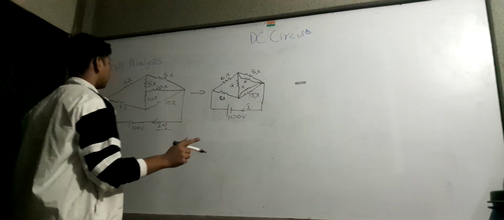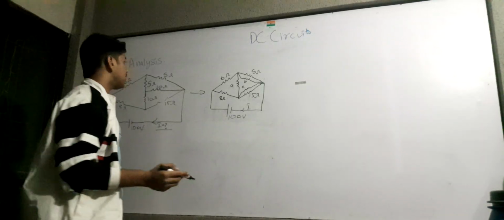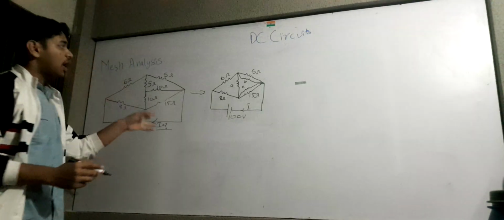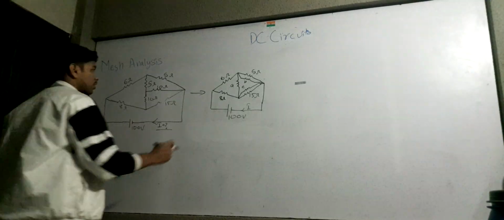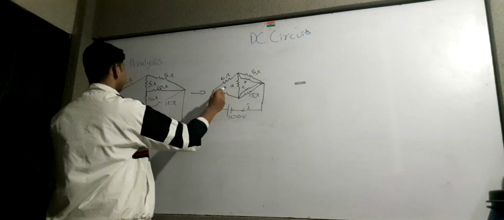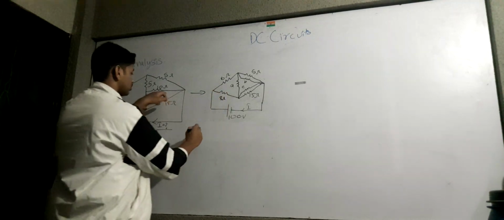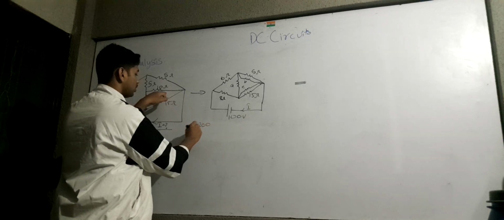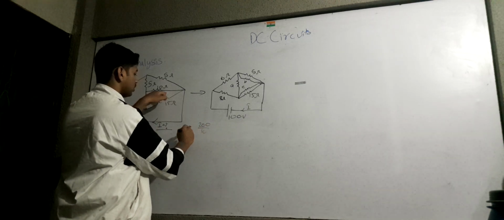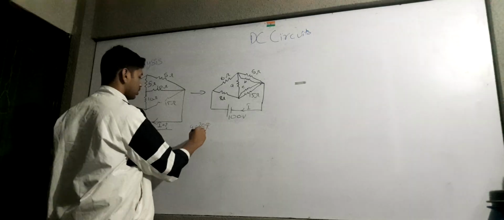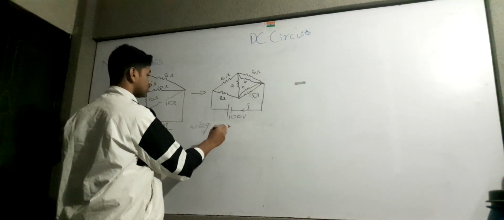Now, as we've studied in star to delta conversion, if we want A, then we must look at the opposite one. So that is 200 divided by 10. A equals 20 ohms.